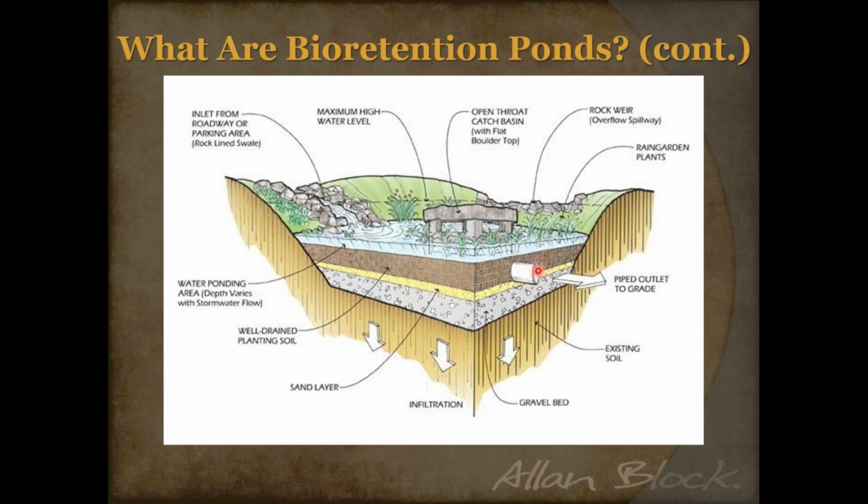Here, they must raise the pipe up because they're looking at the additional storage capacity of that drain rock. So they'll let that fill up even before it hits their outlet pipe. They're always going to have some type of an open throat catch basin. That's going to be a way to monitor and have that overflow protection as we go through this.